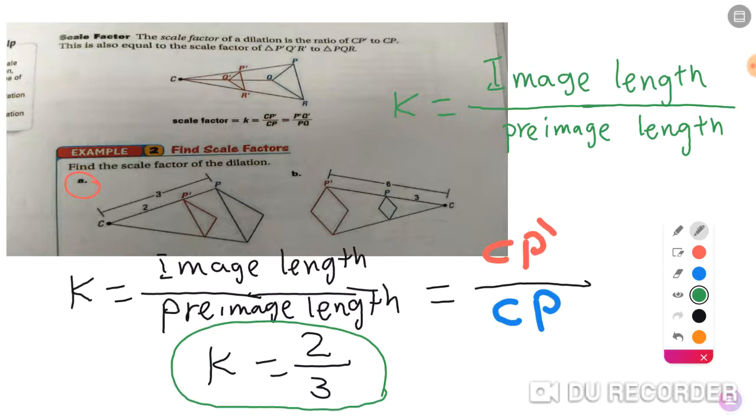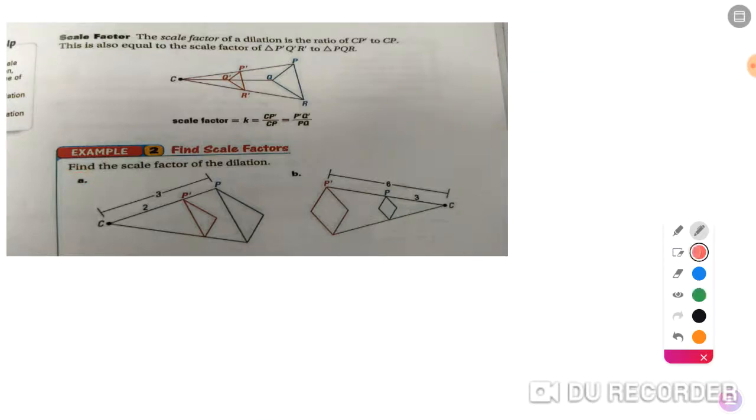Okay, so guys, let's move to exercise B and try to think about this one. Feel free to pause the video and try to find out the scale factor on your own. Okay, guys, since we are required to find the scale factor of the dilation, first of all, you need to set the rule.